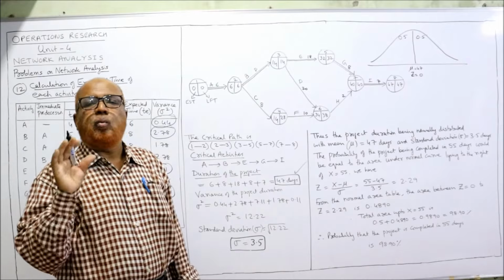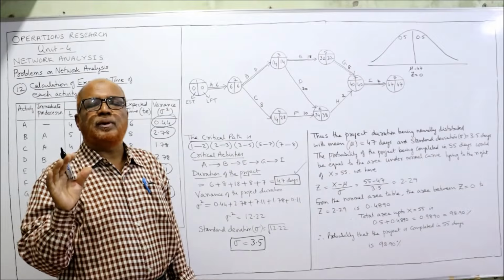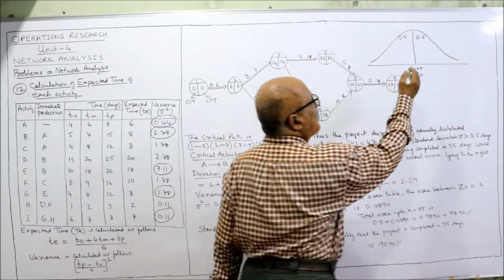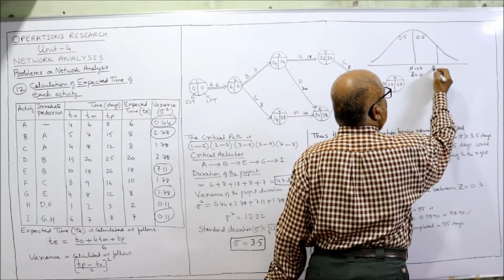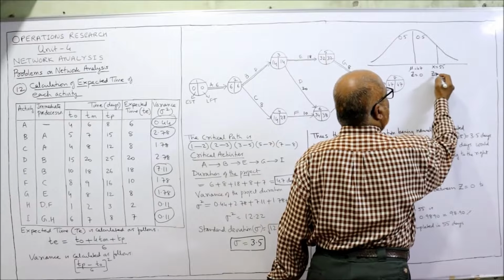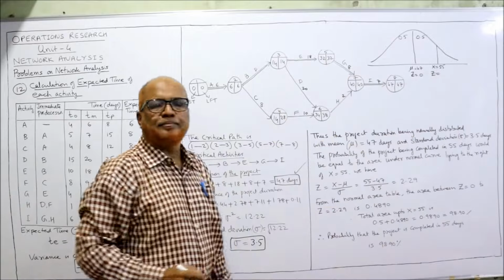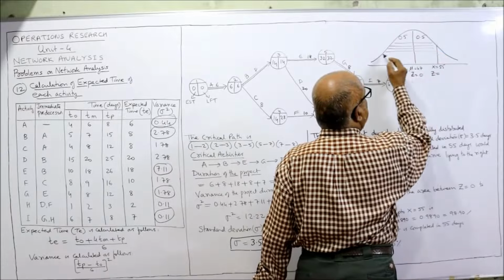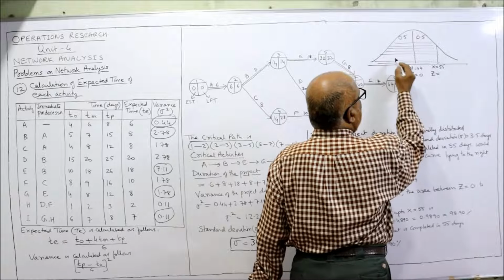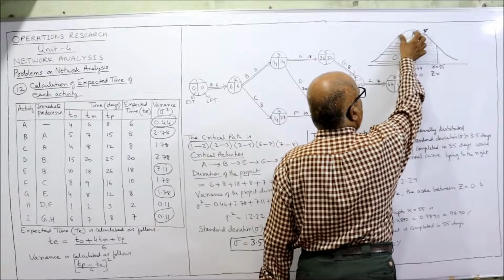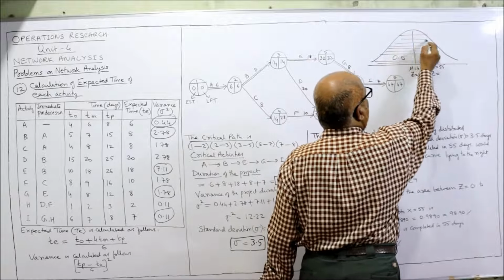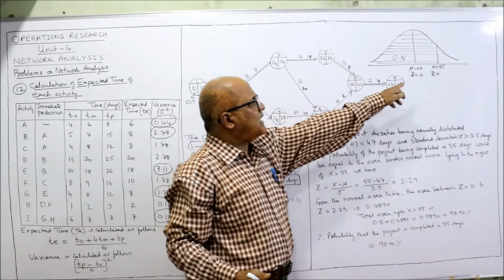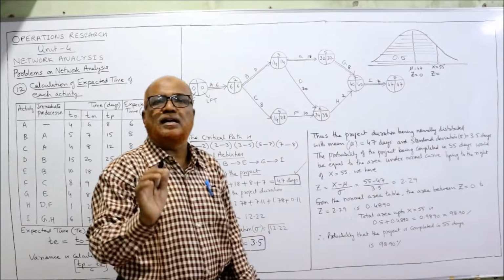Now we need the probability that the project is completed in 55 days. So 55 is more than 47, on the right side. This is 47, this is 55. Now we need the value of z. Our required area is this area. We already know 0.5 is the area on the left side. On the right side we want the area from z equal to 0 to z equal to what?